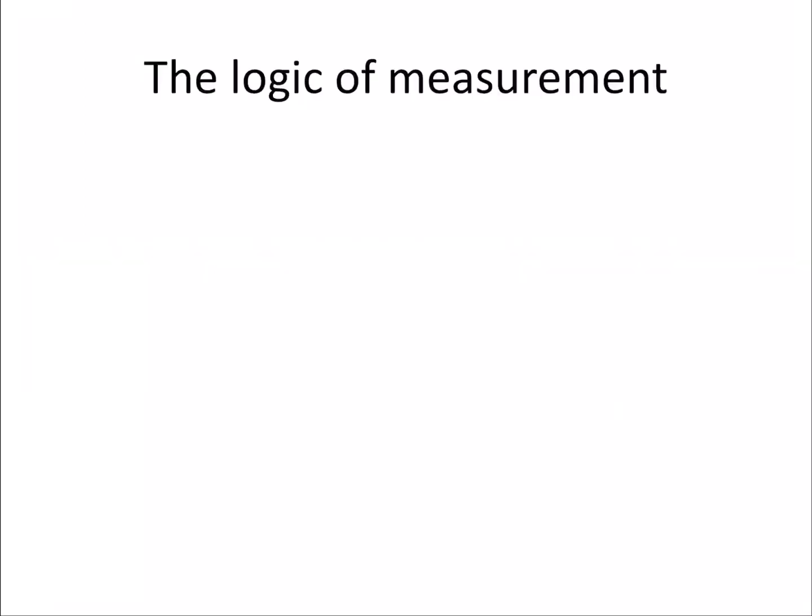So, there is a certain logic of measurement. We go through a certain number of steps before we actually get to the answers that we're looking for. And the logic of measurement is in deciding how variables should be measured. As a researcher, you're faced with three major issues that require careful consideration.